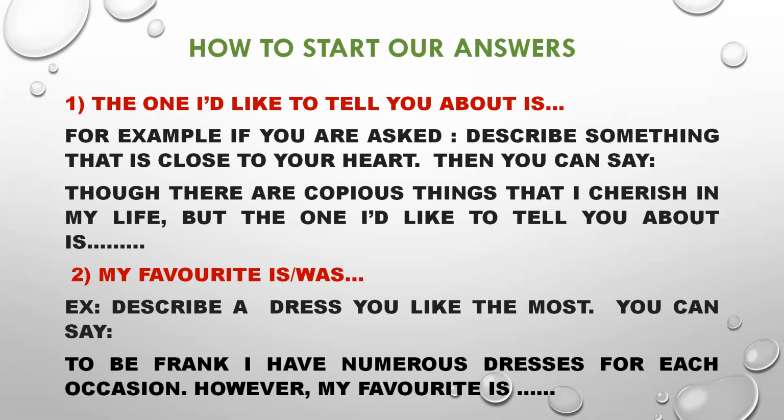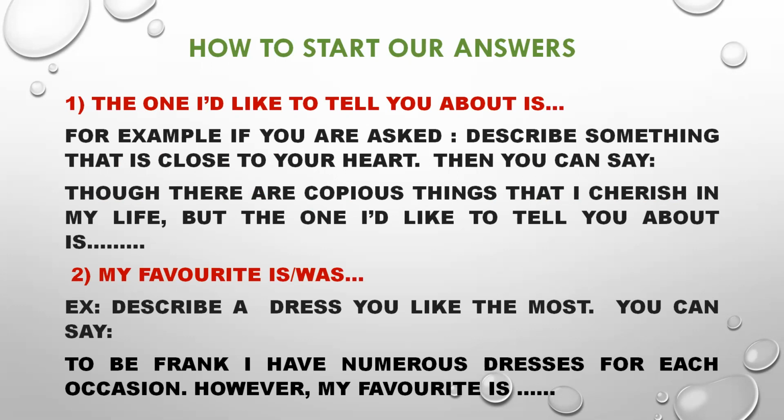For example, if it is asked to describe a person who you like the most, or describe something that is very close to your heart, or describe an art gallery that you visited when you were a child. If there are such questions which ask you to pick out something, then you can use this phrase: the one that I would like to tell you about is a museum that I visited when I was in 7th grade.